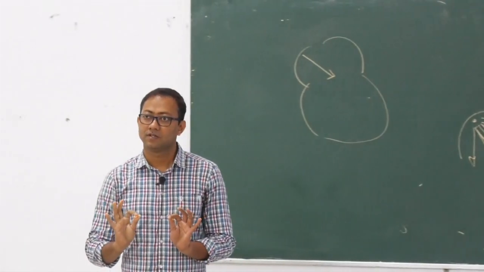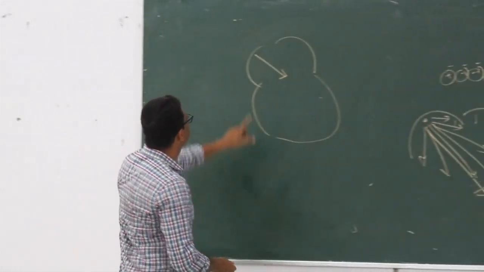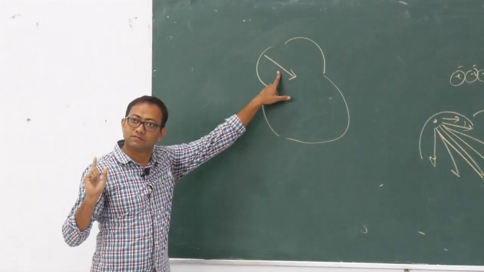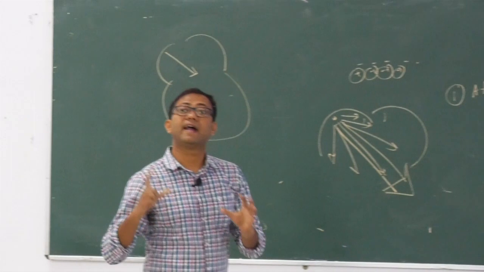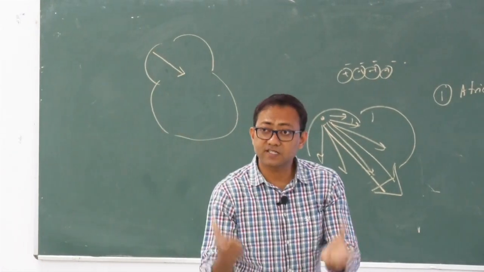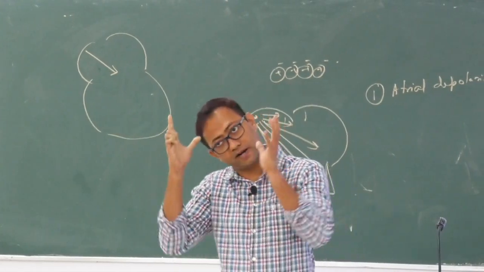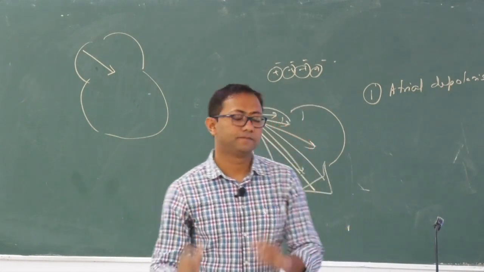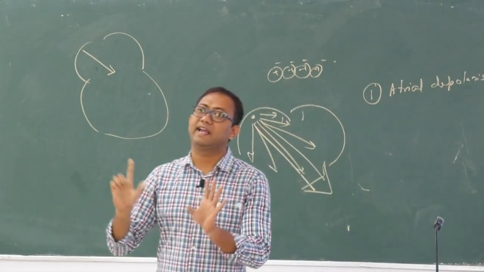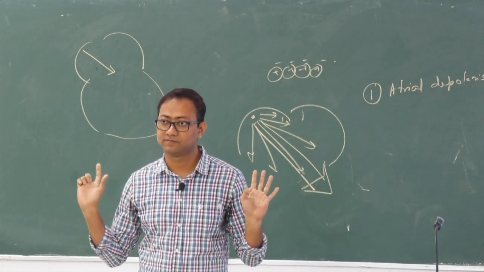And this resultant vector is the first vector, or we call it the atrial vector, which is required for atrial depolarization. Clear? So the first vector is atrial depolarization.